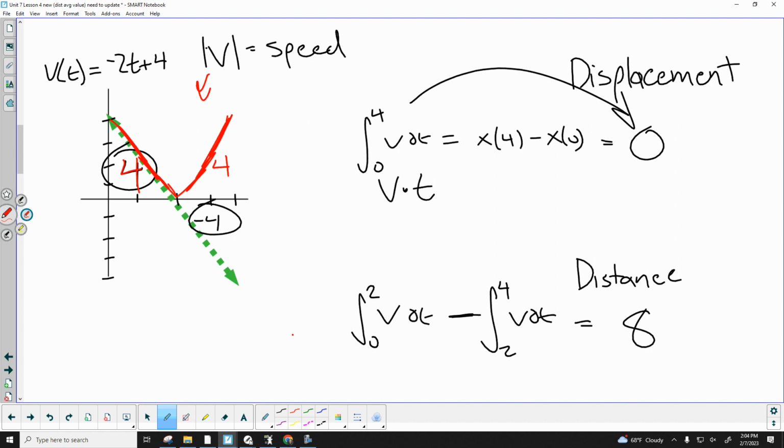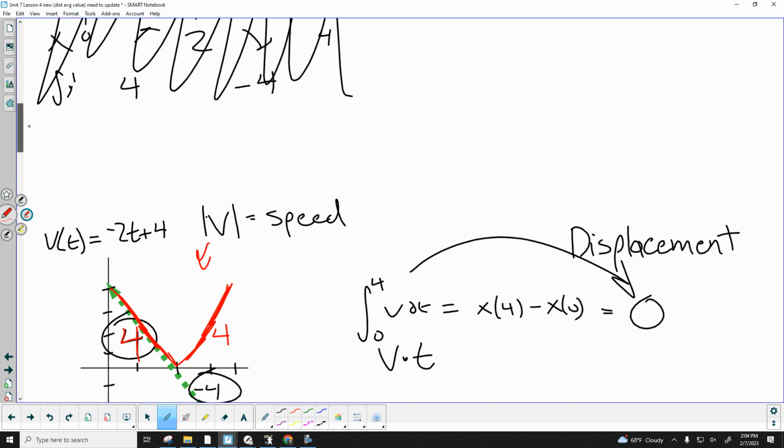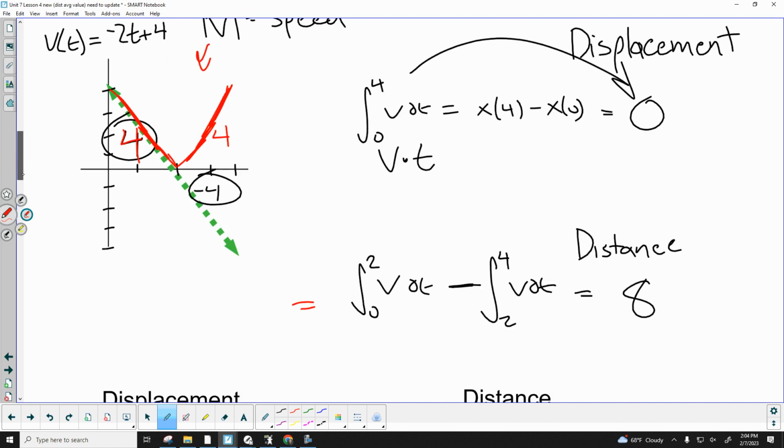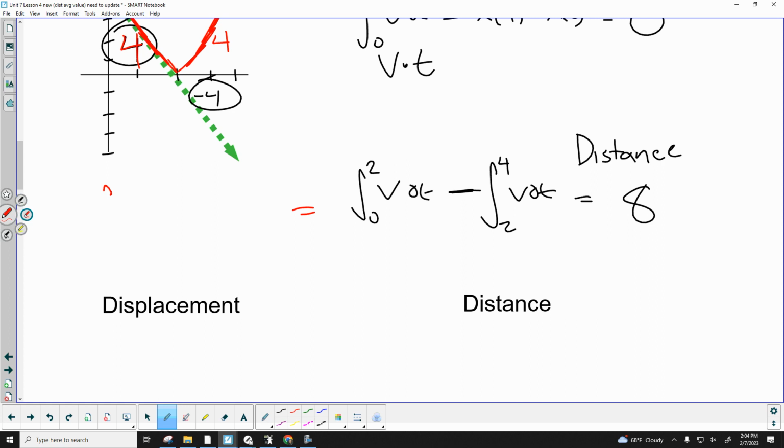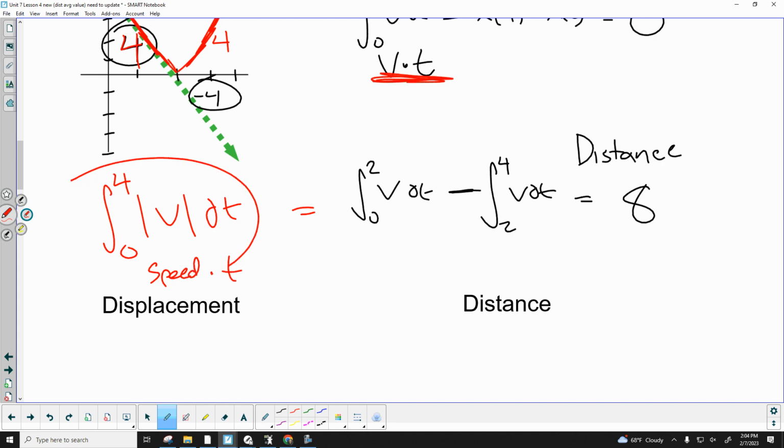We could get this answer 8 without doing any work whatsoever, just by going 0 to 4 of the absolute value of v. And instead of multiplying velocities times time, your calculator will multiply speeds times time. This is your shortcut. Go ahead and type that into your calculator.